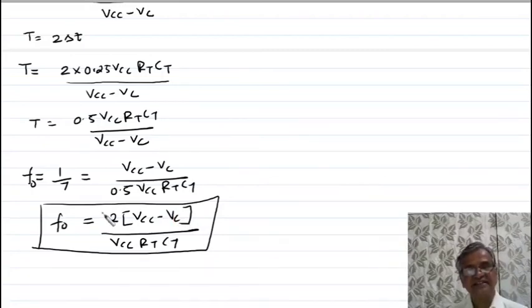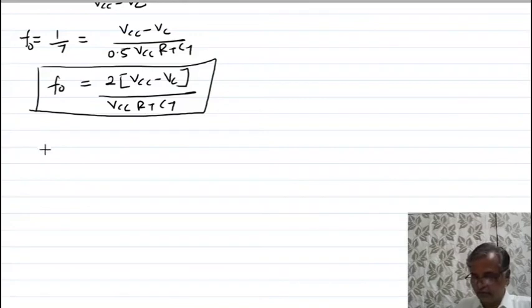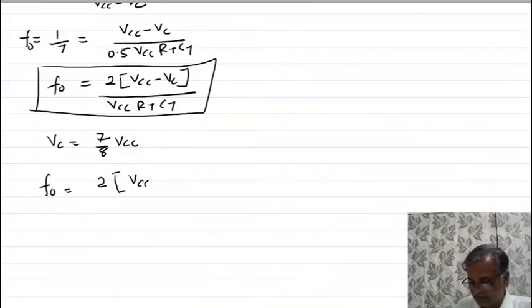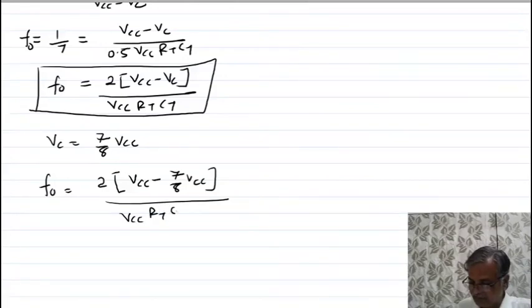Components RT and CT are selected in a VCO in such a way that the frequency FO lies at the center of the operating frequency range. If we give the VC voltage as 7/8 VCC, then FO can be written this way: minus 7/8 VCC upon VCC RT into CT.